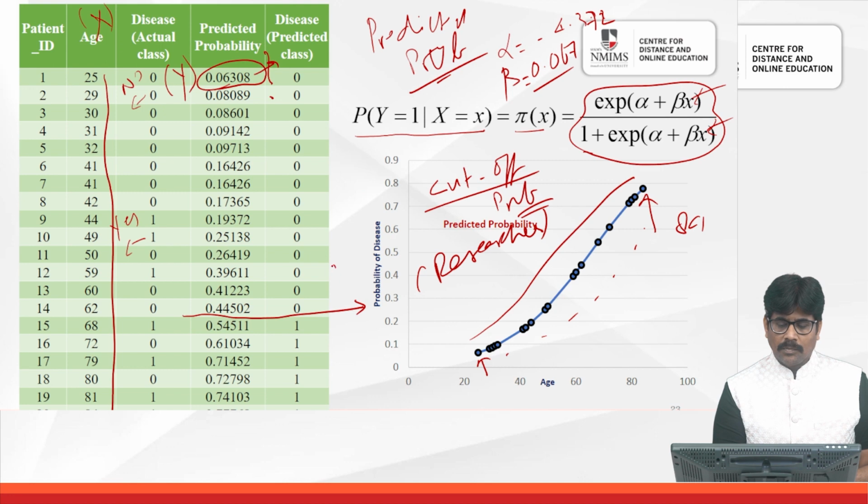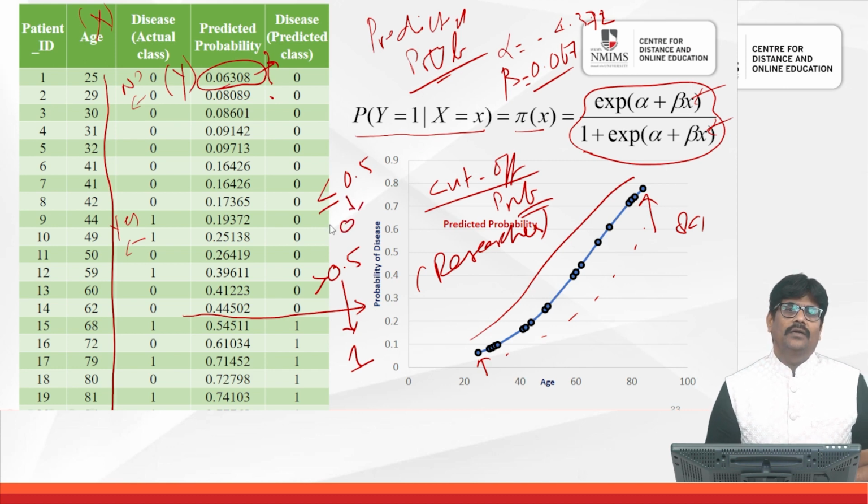So that means above 0.5, that is greater than 0.5, they have classified as 1. Less than or equal to 0.5, they have classified as 0. That is, if probability is more than 50%, then I classify as 1. Probability less than or equal to 0.5, that is 50%, I classify as 0.